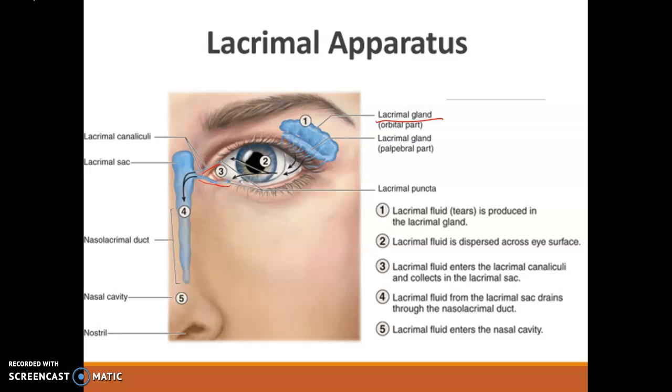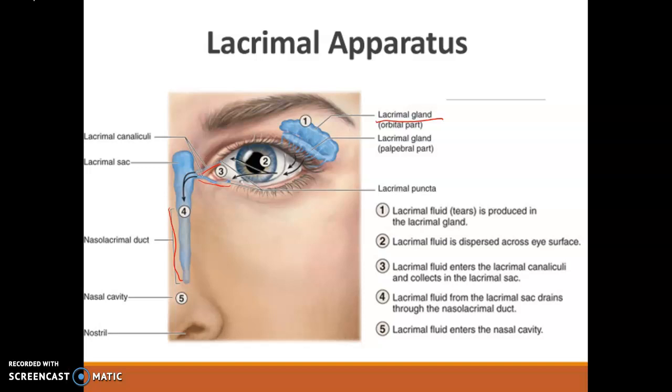The fluid from the lacrimal sac then drains through the nasolacrimal duct, which is this part, and ultimately reaches the nasal cavity. Inside the nasal cavity, the fluid gets mixed with mucus and dirt, and then it is transformed into a semi-solid material.